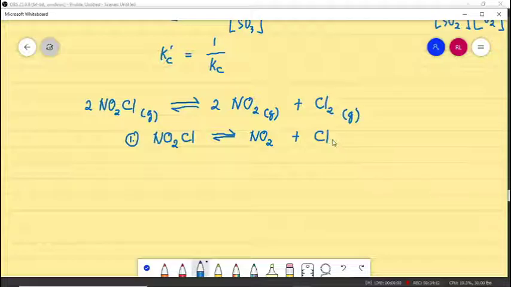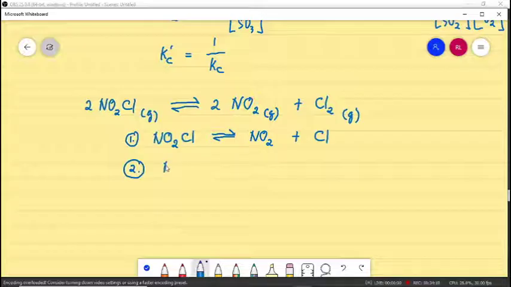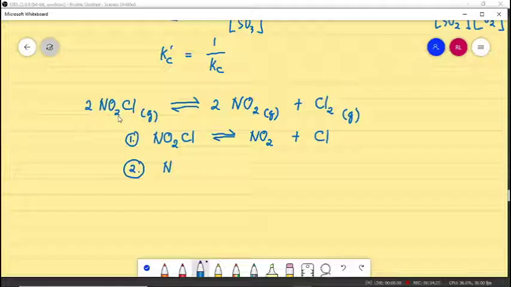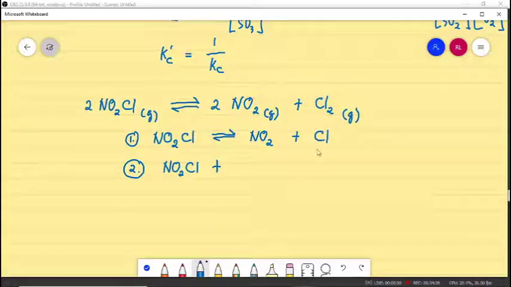And then after that, ang nangyari, kasi meron tayong 2 moles of nitryl chloride, nag-undergo siya ng further reaction with this intermediate product, your chlorine.